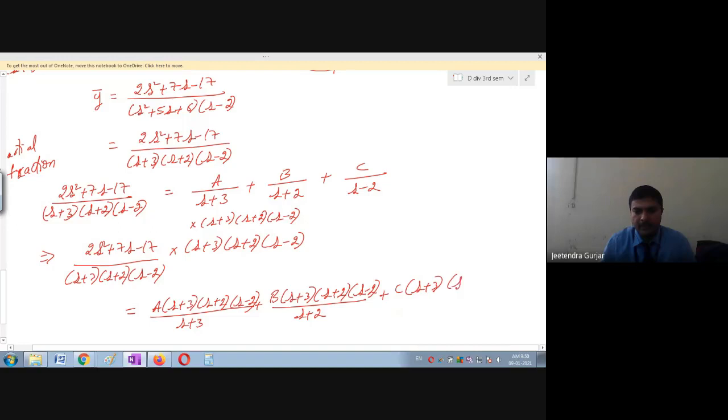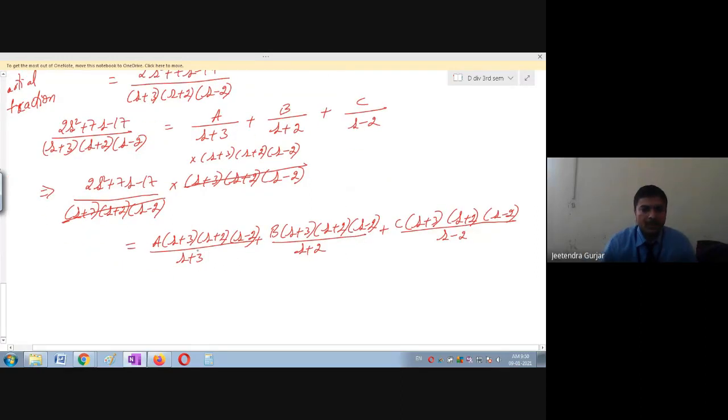So one can easily see what will get cancelled. Yes, in the numerator and denominator, you can see, students, what all things will get cancelled. On the LHS side, these are in the numerator and denominator, so s plus 3 will get cancelled, s plus 2 will get cancelled, s minus 2 will get cancelled.